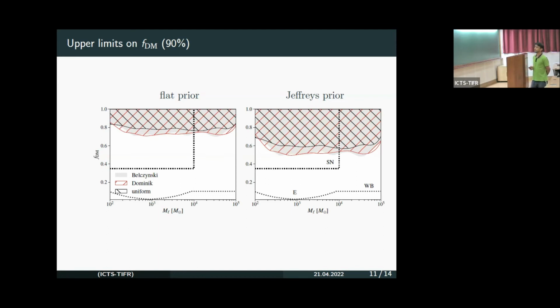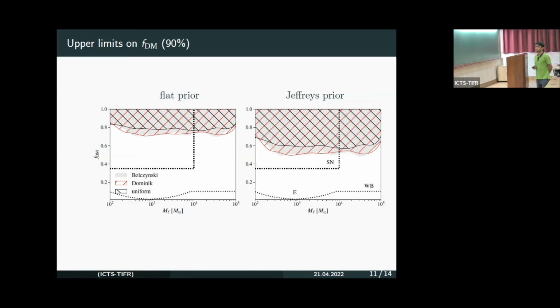And so how do you read this plot? This region is excluded. That is, the maximum or the upper limit of FDM for the corresponding lens masses can be anywhere between 0.5 to 0.8 if we combine these two plots, depending on the choices of your prior as well as your source redshift.